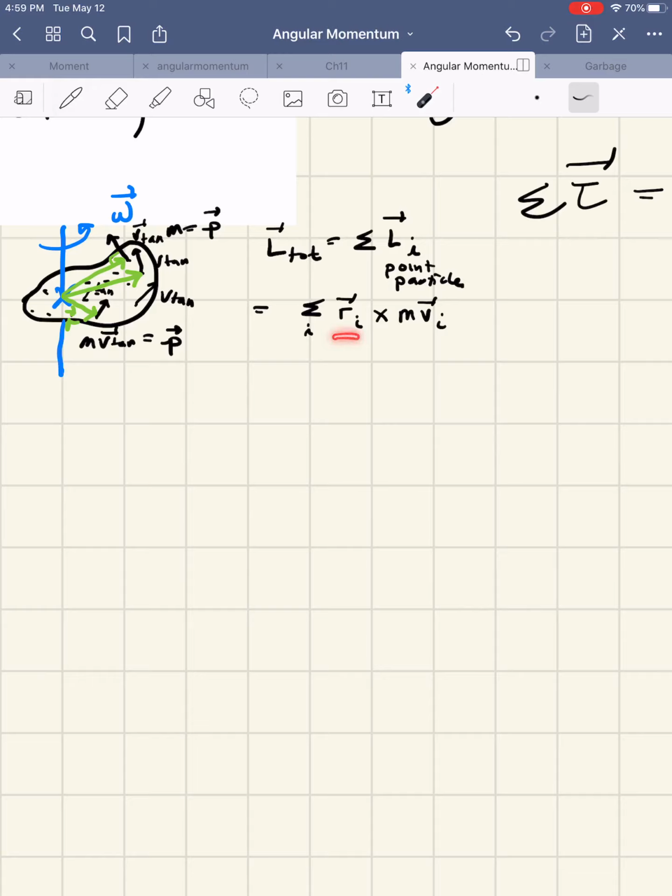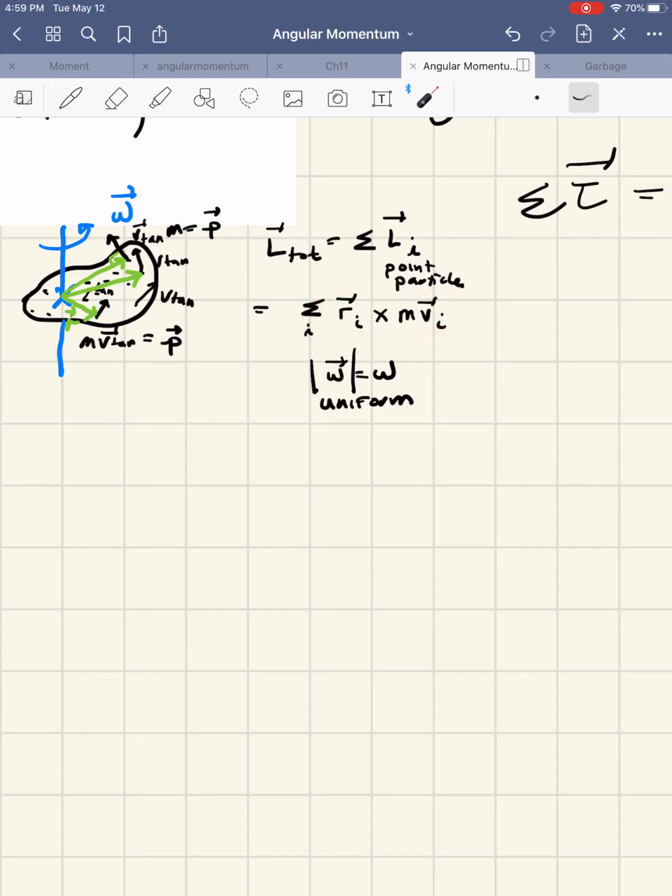All of the r sub i are different, all of the v sub i are different, but if you remember, what is not different is omega. The absolute value of the angular velocity omega, remember, is a uniform quantity. And what I'm going to try to do is get this formula in terms of omega.